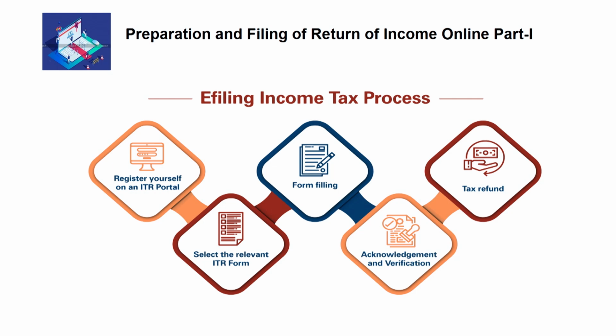So dear students, this slide represents the e-filing income tax process: first, register ourselves; second, select the relevant form; third, form filling; fourth, acknowledgement and verification; and the last one is tax refund.